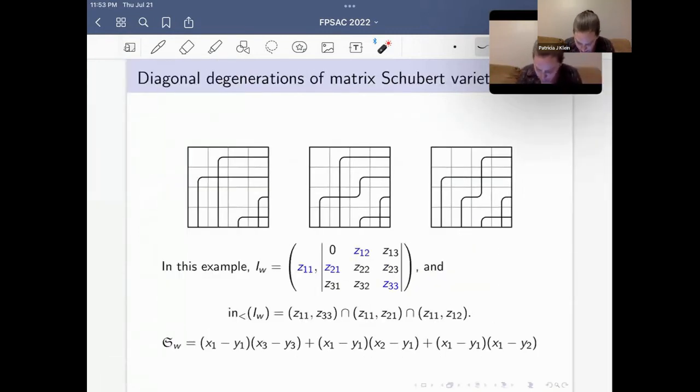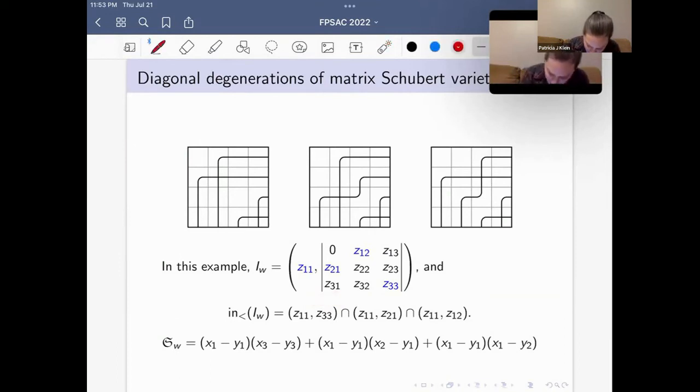And so here's an example that suggests an answer, which is that this is a Gröbner basis. If our rule is that instead of taking the biggest term to be the product of terms along the anti-diagonal, we want the biggest term of the determinant of a generic matrix to be the product of terms along the main diagonal, in that case, it turns out this is a Gröbner basis.